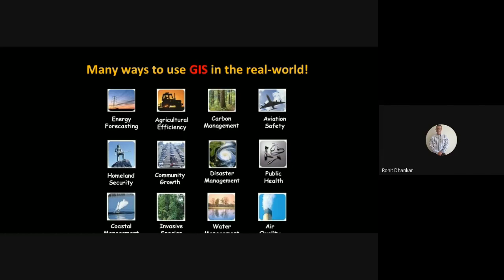Similarly it goes with carbon management, and aviation safety is the best GIS industry right now, because they have been using GIS for, I think, more than a decade, from the start. They are easily tracking and also planning how planes and everything will move. Now, about aviation safety, there is an Esri software, ArcGIS.